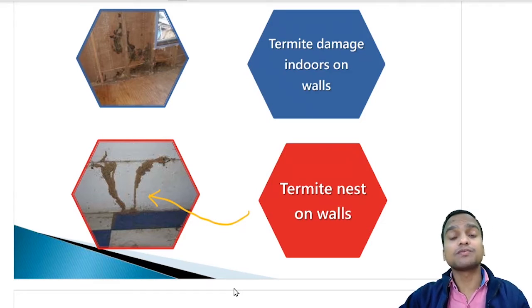See, if termites encounter a concrete surface, they will make their nest like this so that they may reach the place where there is cellulose material. Cellulose is also present in paper, so they also destroy our books if we have made a library of books. Okay.